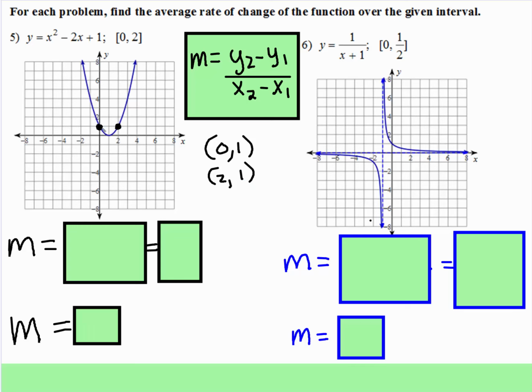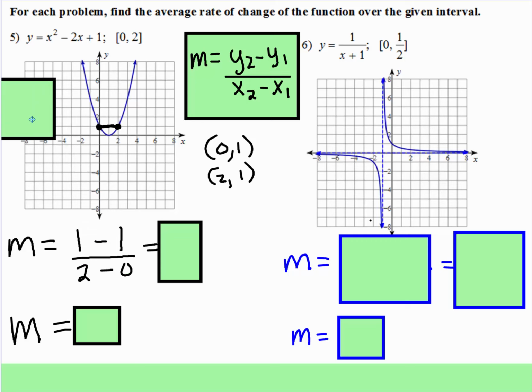If you look graphically, what is the slope of that line? In calculus class, you should all know that. But if you weren't looking at a graph and just needed to use a formula, we plug in the two y values, y2 and y1.